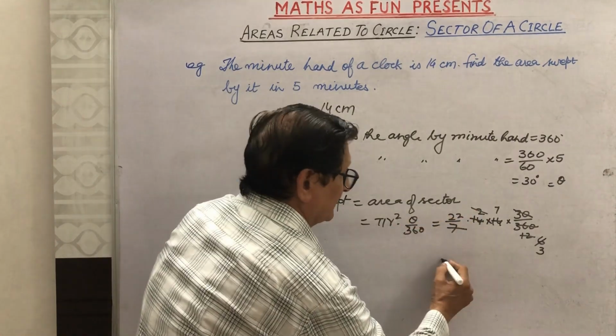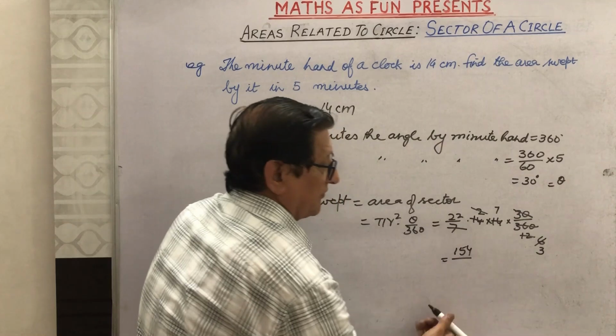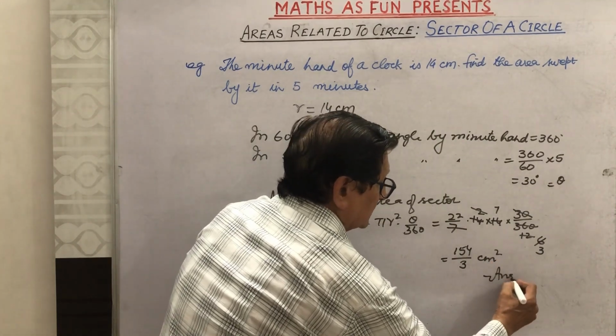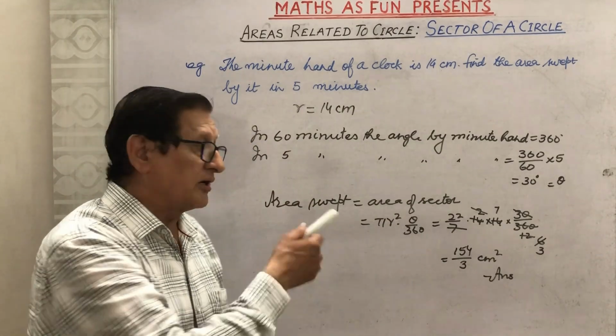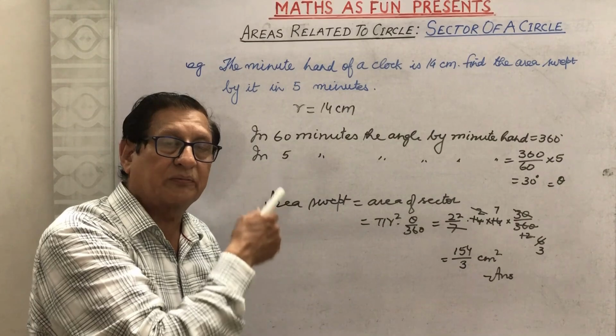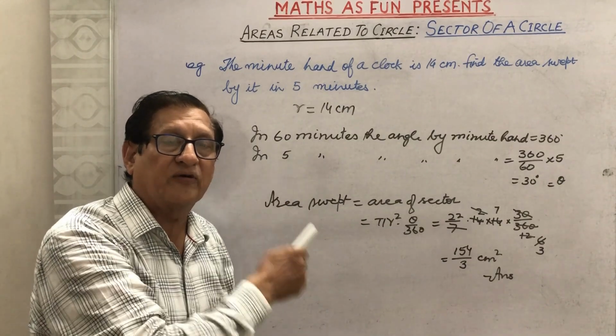Multiplying 22 and 7, this comes as 154 upon 3 centimeters square. This is the answer to the problem. It means 154 upon 3 centimeters square will be the area swept by the minute hand in 5 minutes.